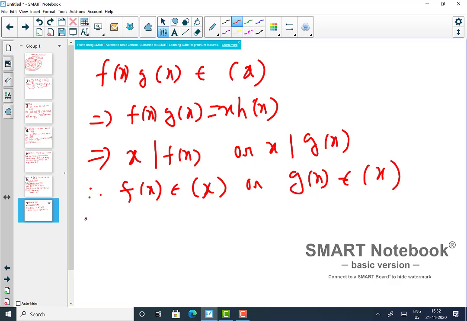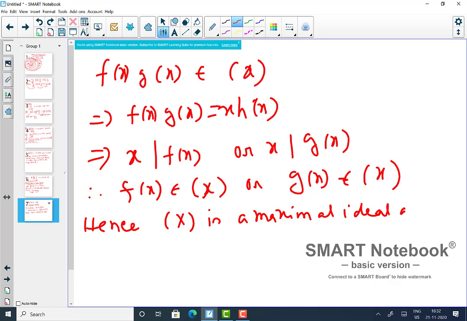And hence this is also a maximal ideal, because R[x] is a PID, and we already proved that in a principal ideal domain every prime ideal is a maximal ideal, right?